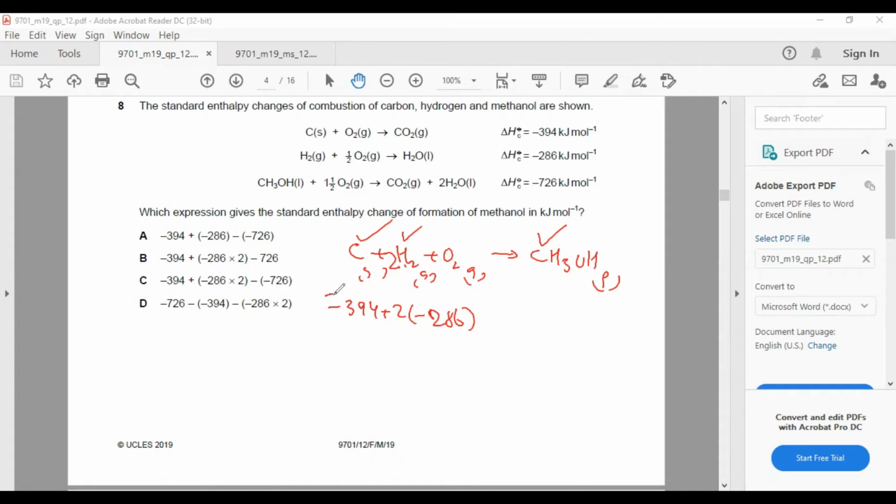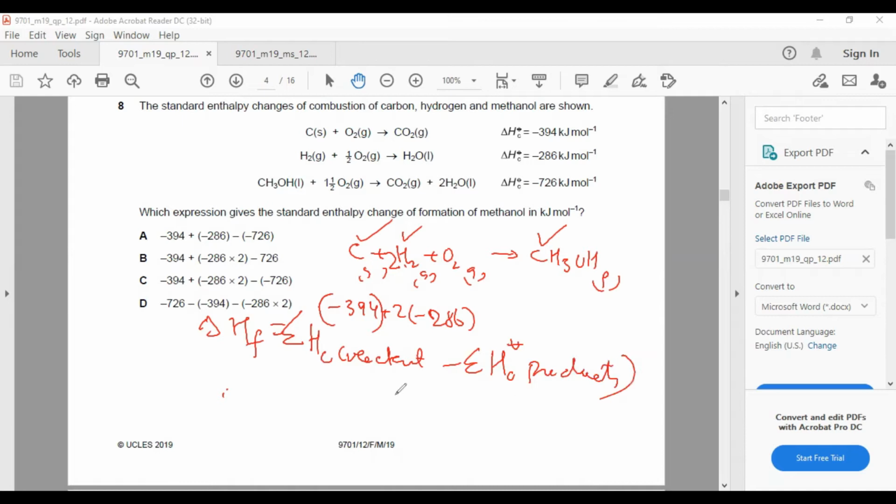I told you there's a formula: enthalpy change of formation is equal to total enthalpy change of combustion of reactants minus combustion of products. If formation is given, then it is formation of products minus reactants. These two are the reactants, minus combustion of product, minus 726. So C is the answer.